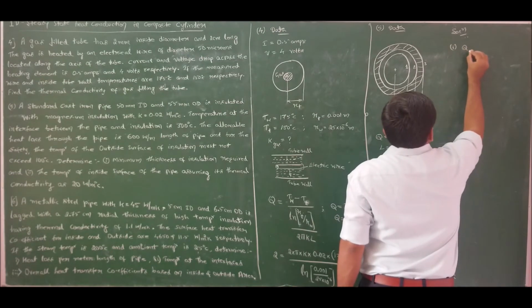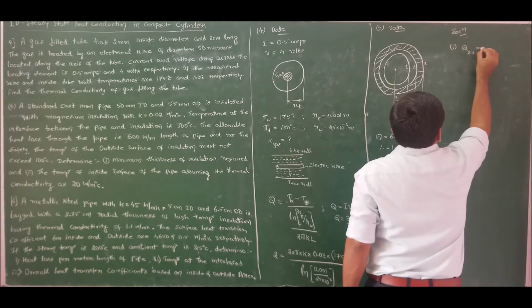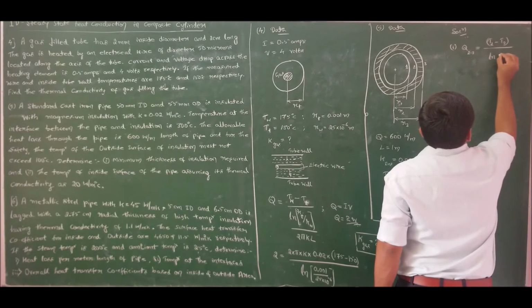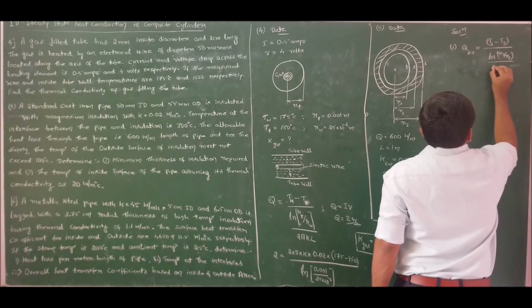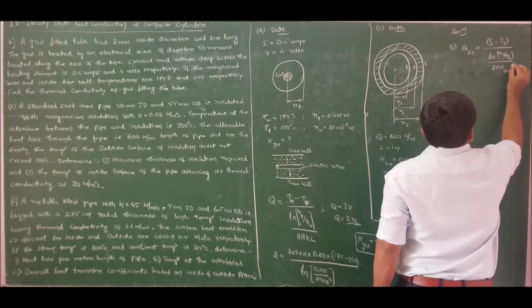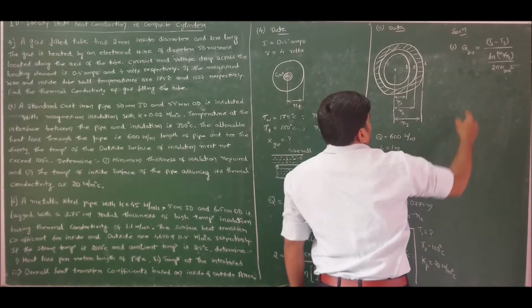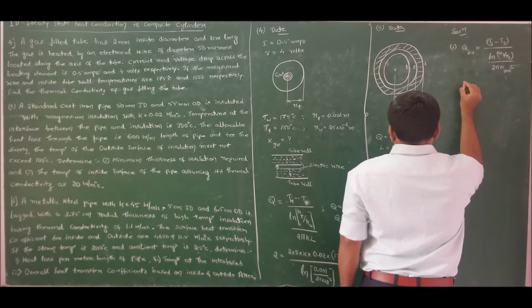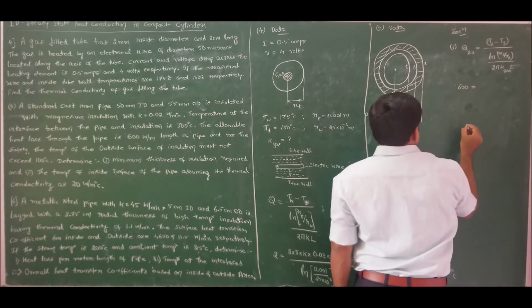We know that Q2 to 3 is equal to T2 minus T3 divided by ln of R3 by R2 divided by 2 pi K of insulation into L. Now we know the value of Q by L, so Q by L is 600 watt per meter.